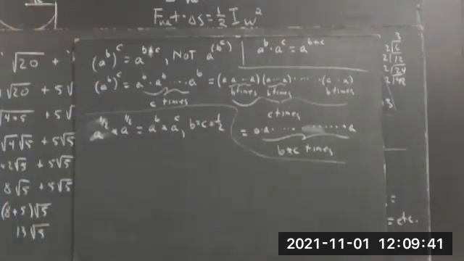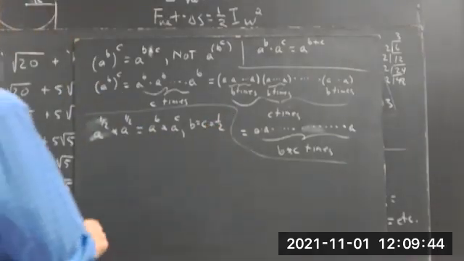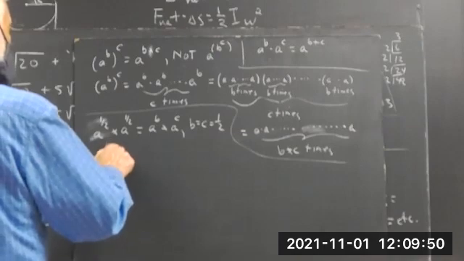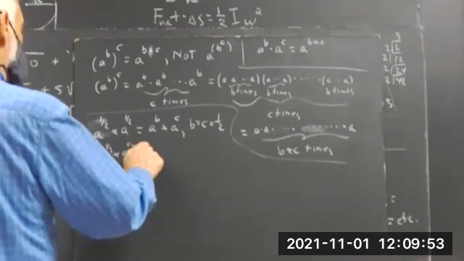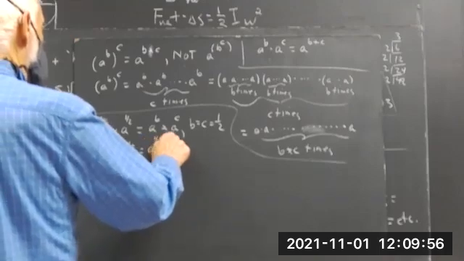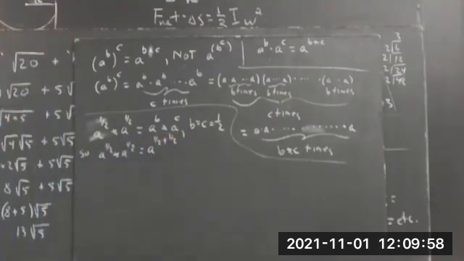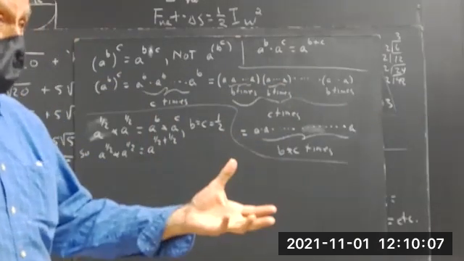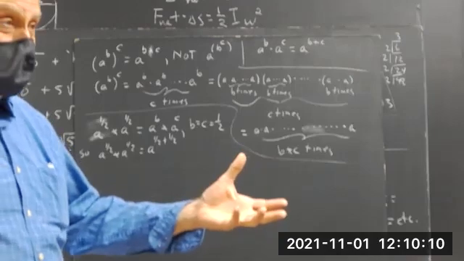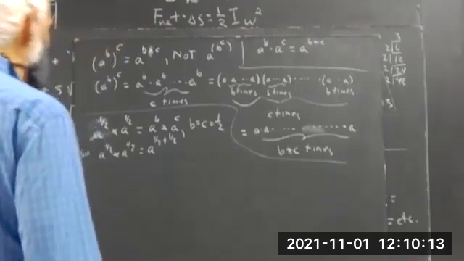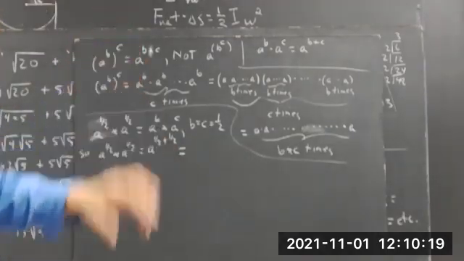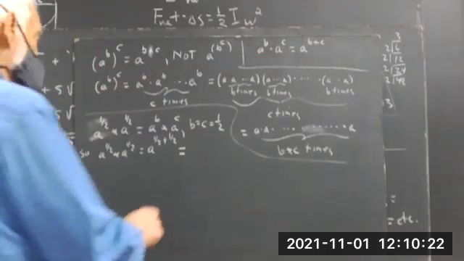B and C both equal to 1/2, right? So A to the 1/2 times A to the 1/2 equals A to the 1/2 plus 1/2. Agree? And that's the rule. If I told you A squared times A cubed, you'd tell me A to the 5th, wouldn't you? I hope. Okay. What's 1/2 plus 1/2? Signal with the correct number of fingers. 1/2 and 1/2 is 1.